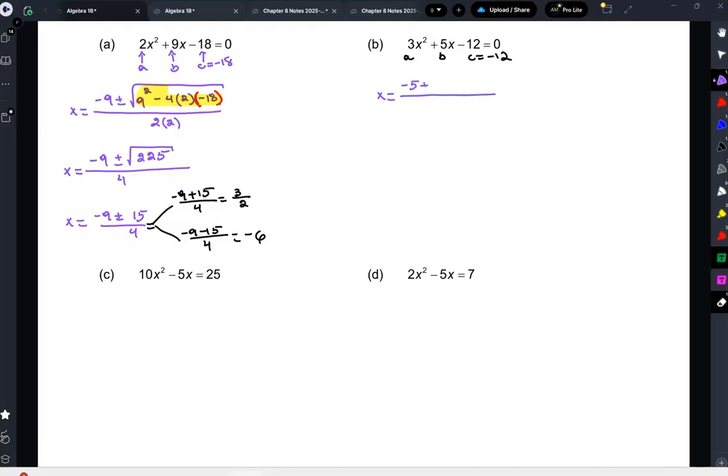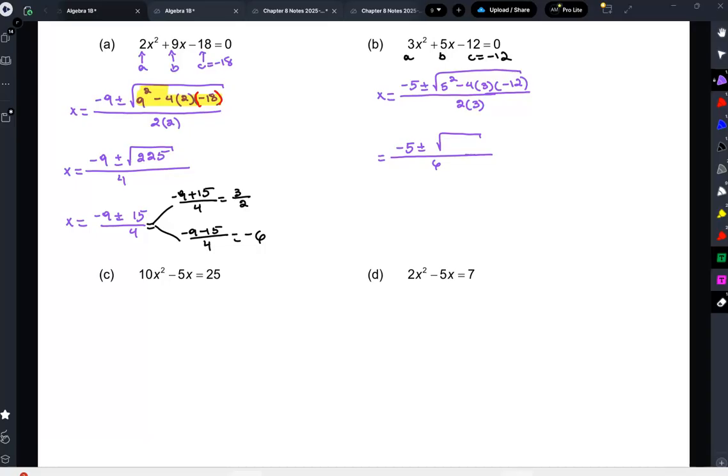Negative 5 plus or minus the square root of B squared, which is 5 squared, minus 4 times 3 times negative 12, over 2 times A, which is 2 times 3. Okay. So, let's see. This is negative 5 plus or minus the square root of something over 6.